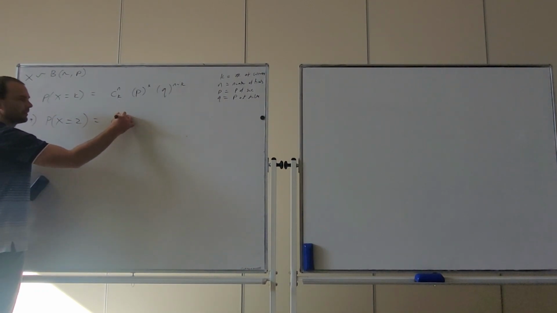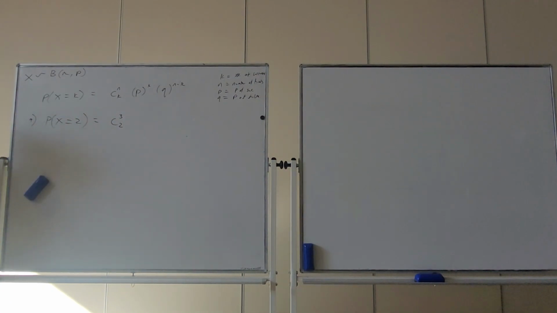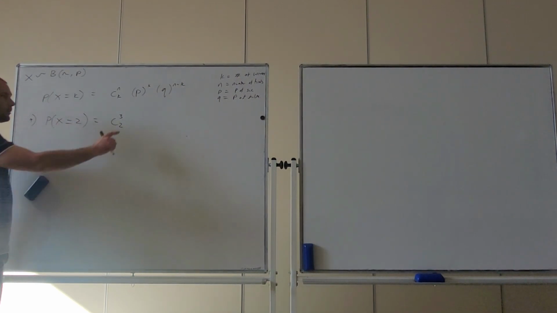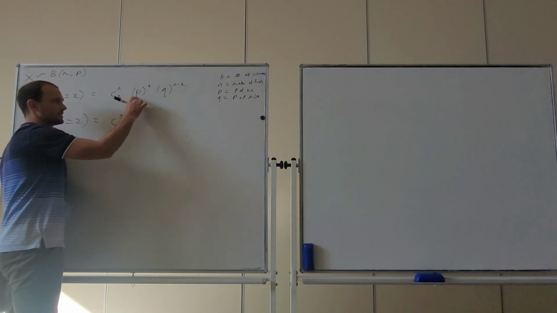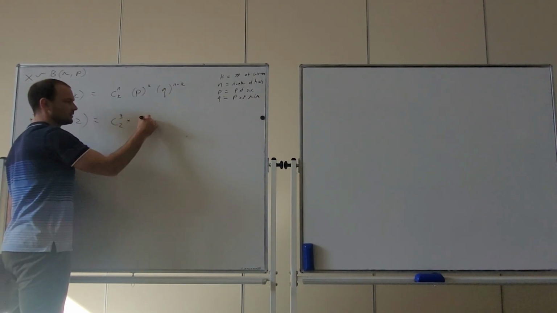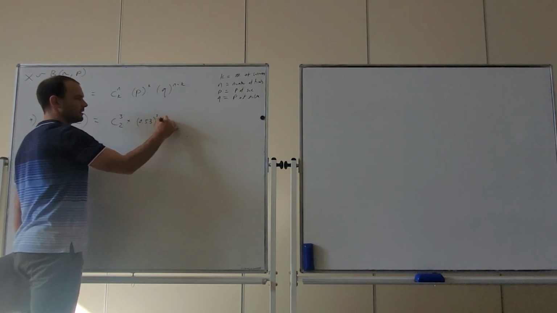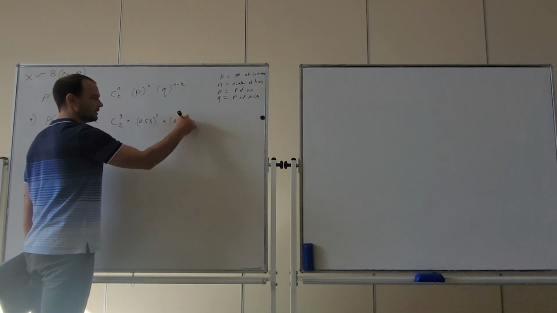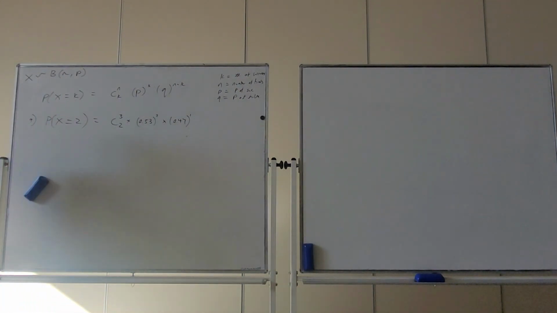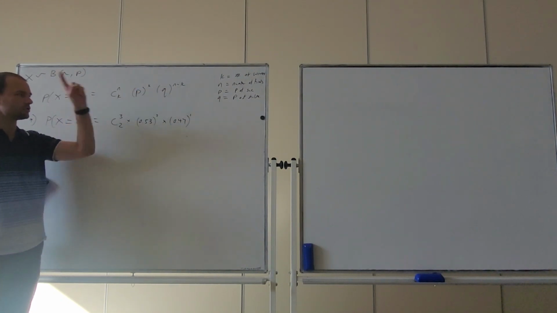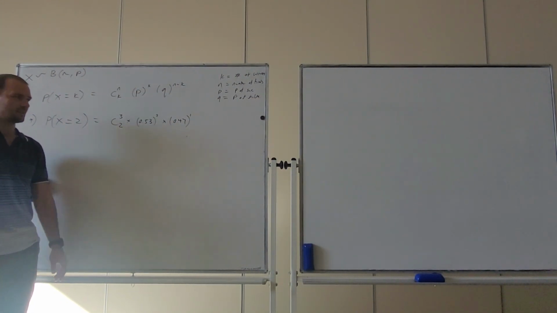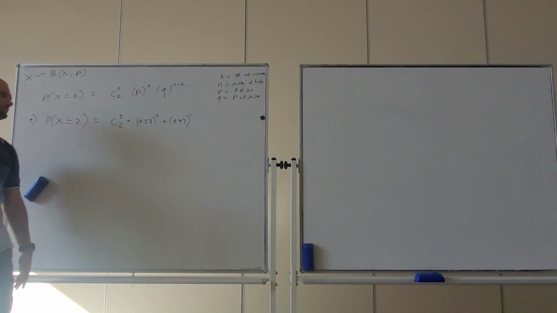We have C, there are 3 trials and 2 successes, multiplied by the probability of success to the number of successes, multiplied by the probability of failure to the number of failures. Now, Q, the probability of a failure, is just 1 take away the probability of a success. They both have to add up to 1.